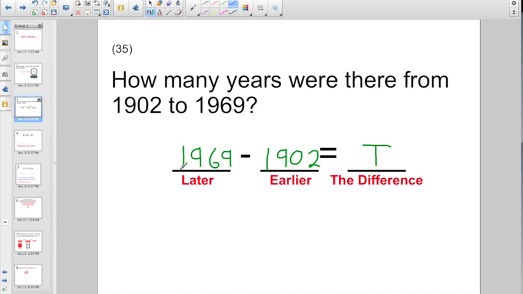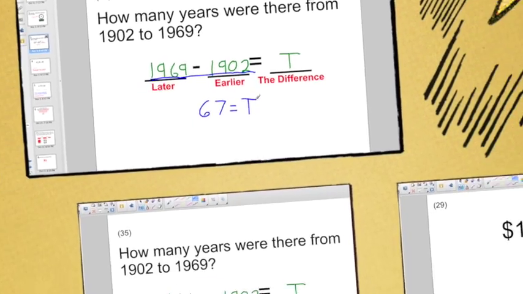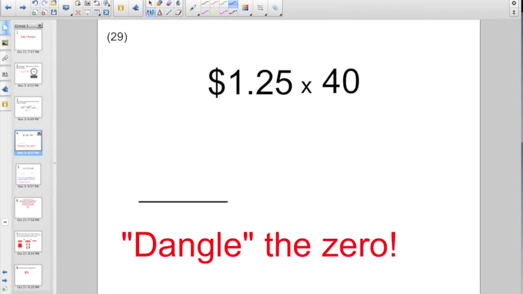No, you don't. You just have to combine terms. 1969 minus 1902. Can you do that one mentally in your head? I'm hoping you kind of can. That was pretty easy. That's 67 years is the difference, or 67 equals t if I'm writing it out as an equation.